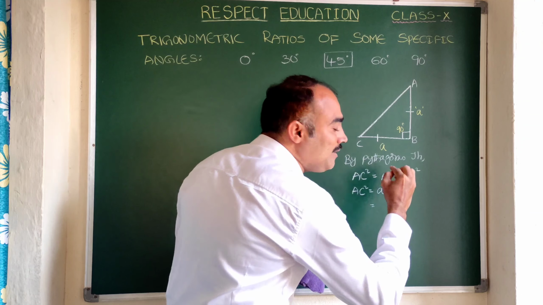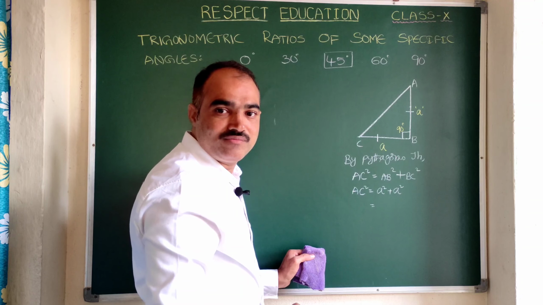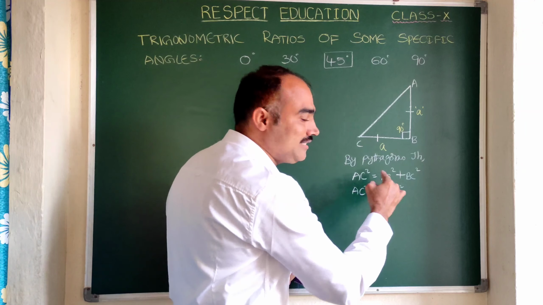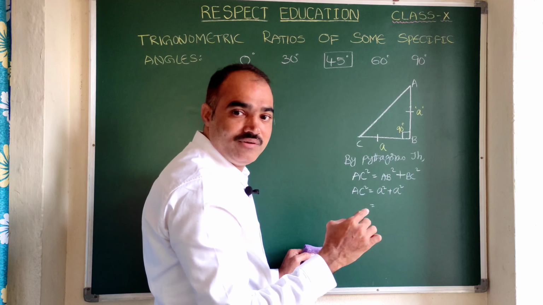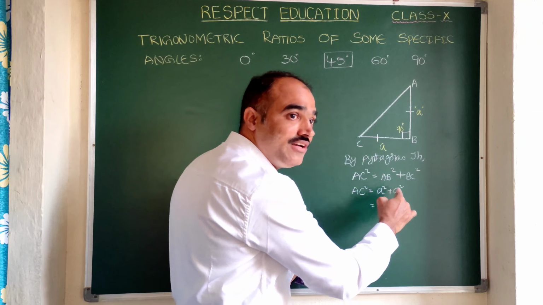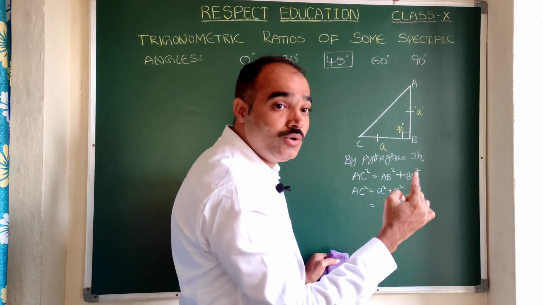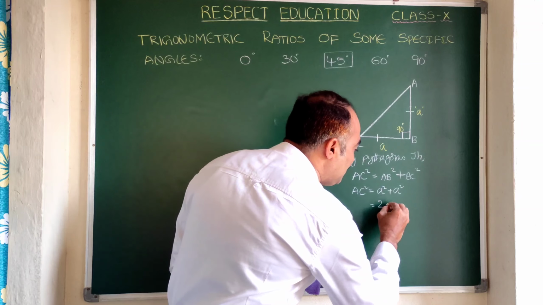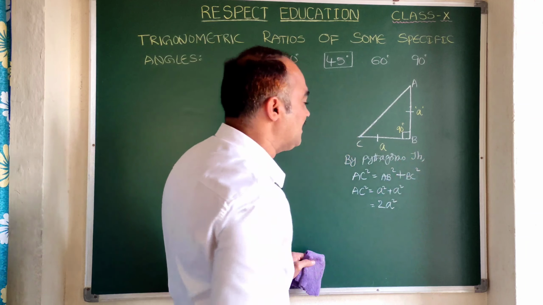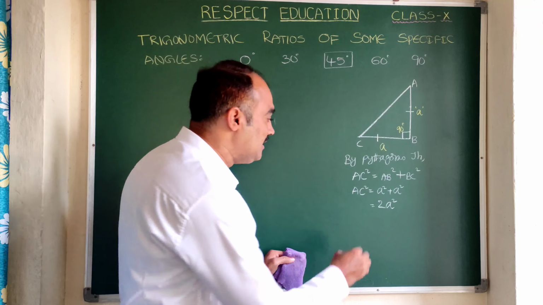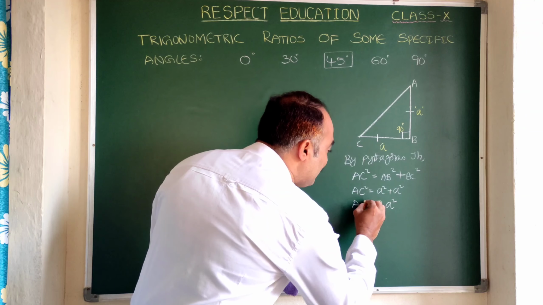What is a square plus a square? It is not a power 4; a power 4 would come if you multiply a square into a square. A square plus a square is 2a square. Right? This is the value of AC square.